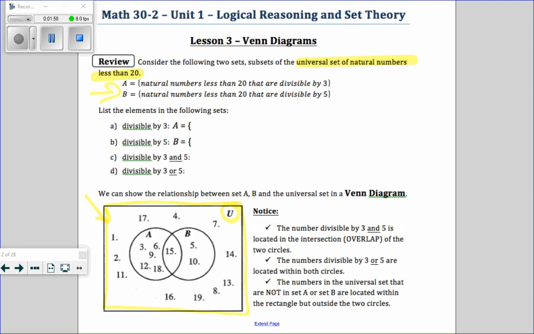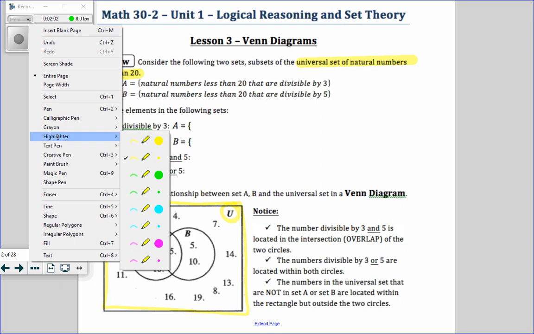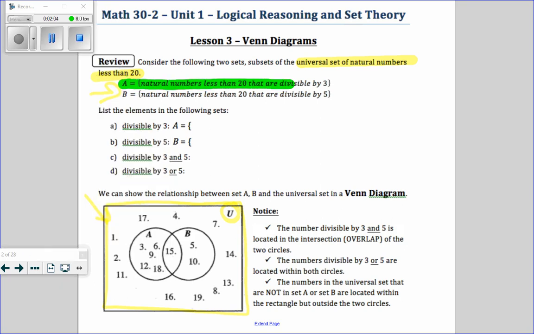So circle A is natural numbers less than 20 that are also divisible by 3. So set A, if we were to list out the elements of that set, natural numbers less than 20 that are divisible by 3, so that's your 3, 6, 9, 12, 15, and 18.